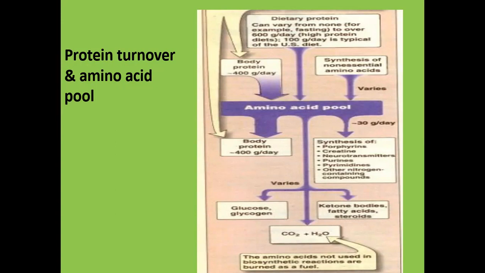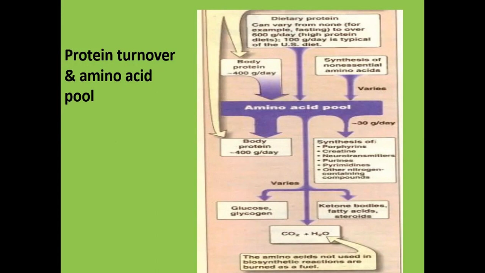How are they utilized? Amino acids from the amino acid pool are utilized for the formation of new tissue proteins. The proteins which are degraded each day are replaced with new proteins. These amino acids are also utilized for the formation of non-protein nitrogenous compounds.